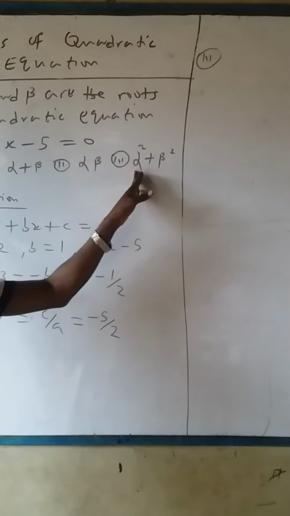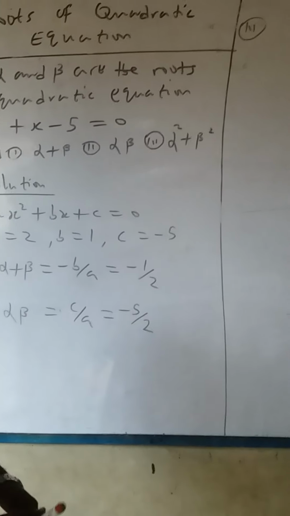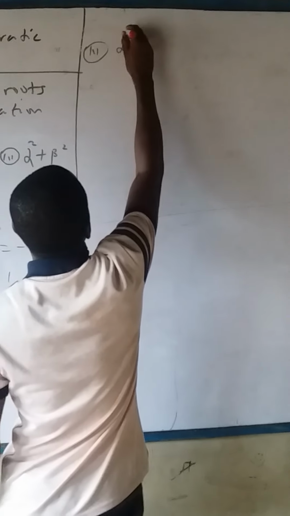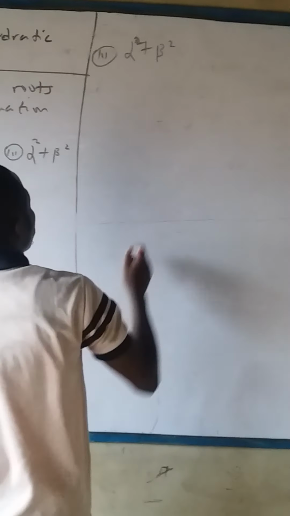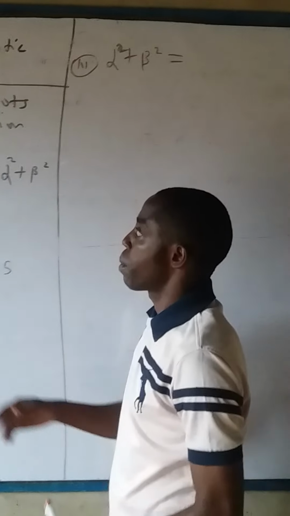We need to solve for the third one, which is alpha raised to power 2 plus beta raised to power 2. I have a little problem here that I need to consider.